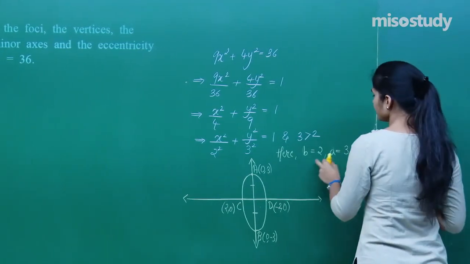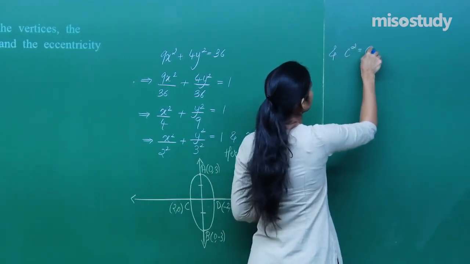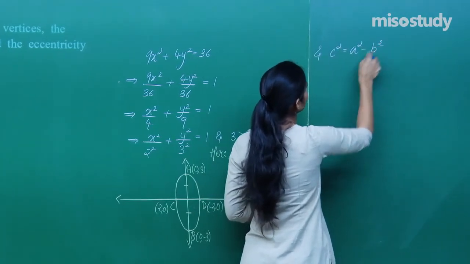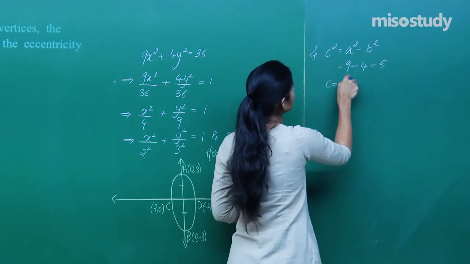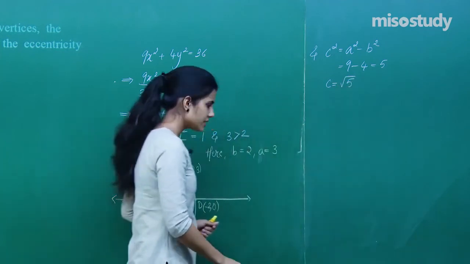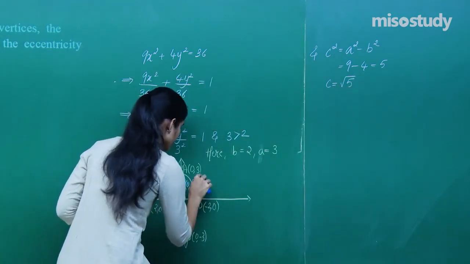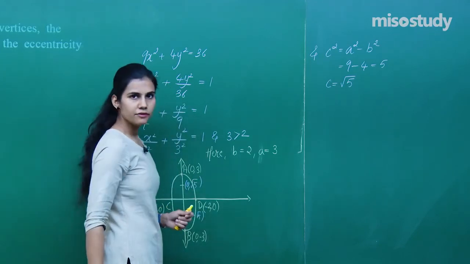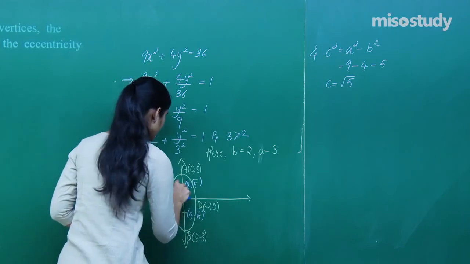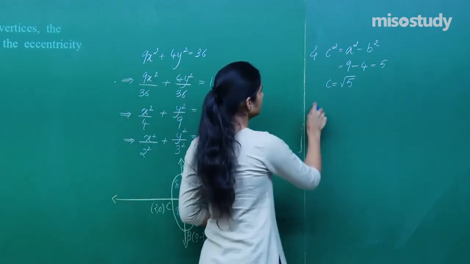Now I know if A is 3, B is 2 in an ellipse, C square is A square minus B square. That is 9 minus 4 which is 5. So C is root 5. If C is root 5, coordinates of the first focus are (0, root 5) and this is (0, minus root 5). This is my first focus and this is my second focus.